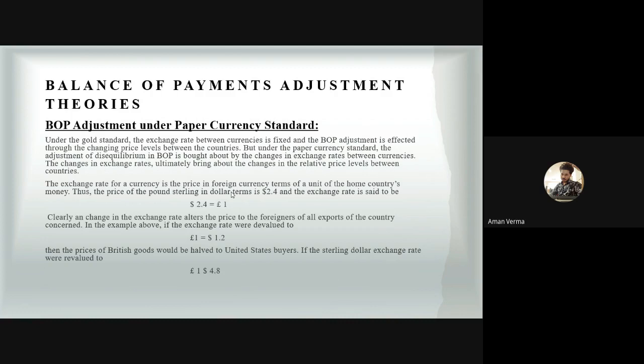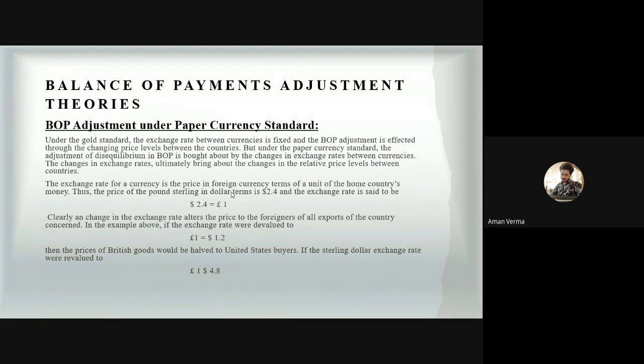The exchange rate for a currency is the price in foreign exchange terms of a unit of the home country's money. Thus, the price of the pound sterling in dollar terms is $2.4, and the exchange rate is set as $2.4 equal to £1. Clearly, any change in the exchange rate alters the price in foreign currency for all exports of the country concerned.